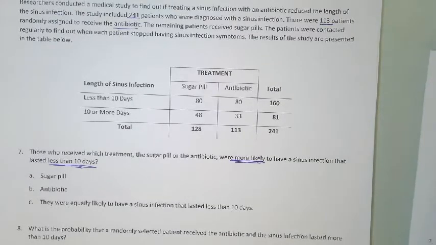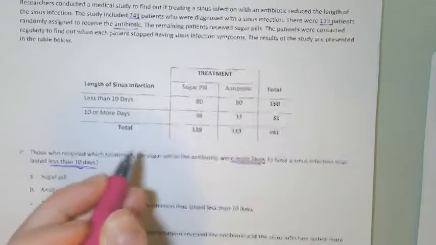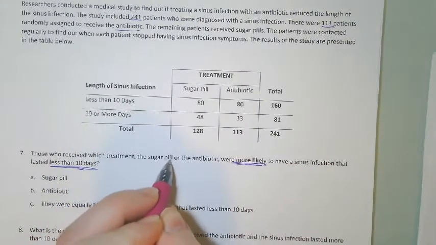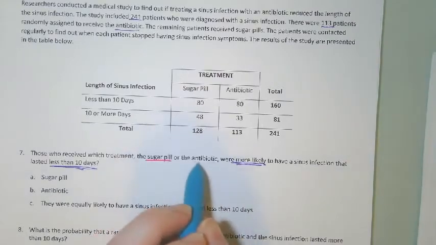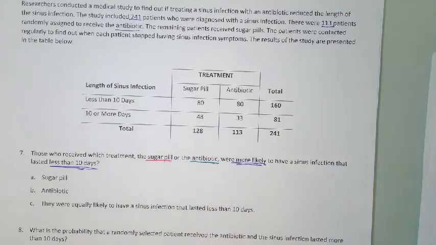So we do want to come up with that probability and then compare our two values. We'll work out the amount for those taking the sugar pill or placebo, and then we'll do the same process again with those taking the antibiotic.